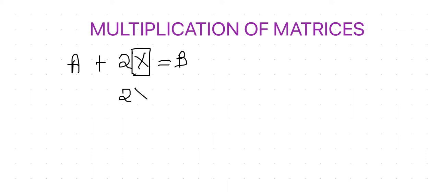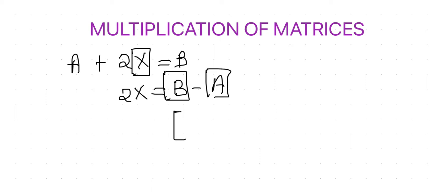Suppose you have been given a matrix A, and another matrix B, and they have given you the equation A plus 2X is equal to B, and you have to find the value of matrix X. In that case you will be solving like this: 2X is equal to B minus A. So from matrix B you will be subtracting matrix A, and whatever resultant matrix you get, X will be half of this.